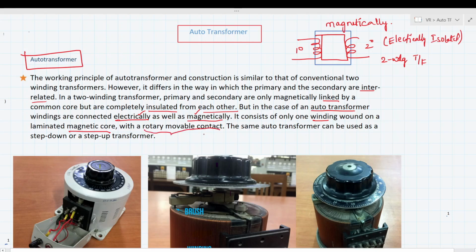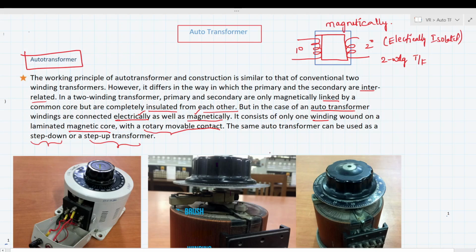So there is a movable contact placed on the winding. The same auto transformer can be used as a step down transformer as well as a step up transformer.